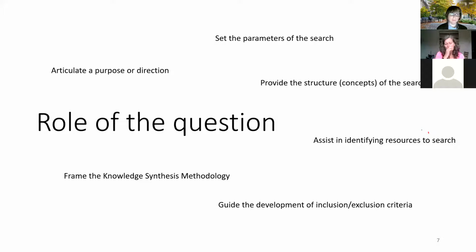There's the process of what am I going to look at and what am I not going to look at. But setting the parameters and really articulating the purpose, these are all really important elements. And again, having a good question is the first launching point for you to be able to do this huge, big project.